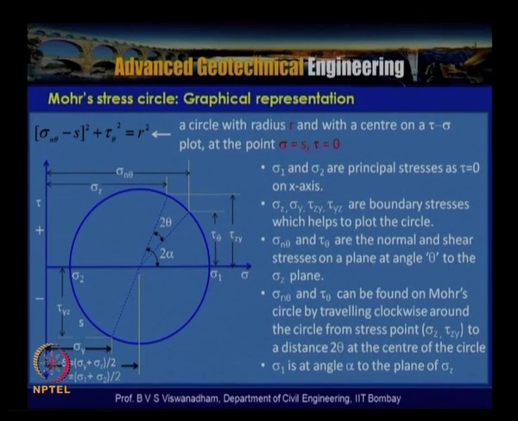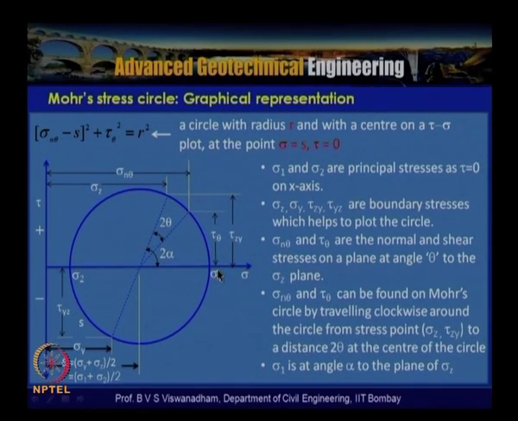That is, s is equal to (sigma x plus sigma y) by 2, which is also nothing but (sigma 1 plus sigma 2) by 2, because this is sigma 1 and this is sigma 2. Now sigma 1 and sigma 2 are the principal stresses as tau is equal to 0 on the x axis.